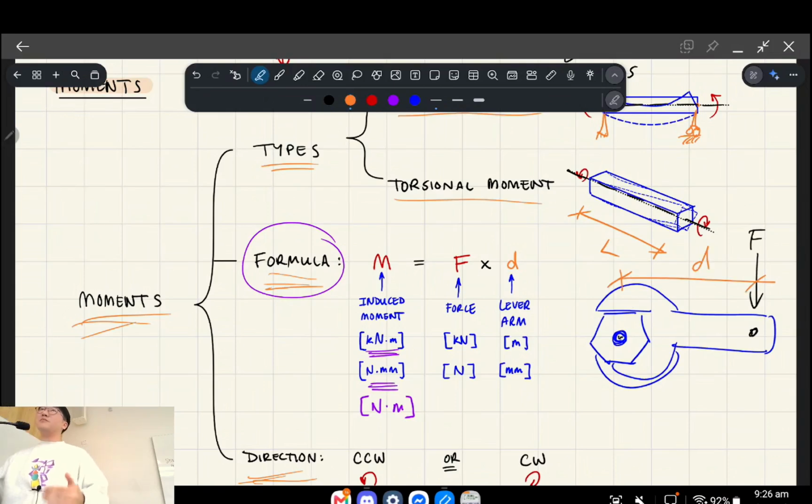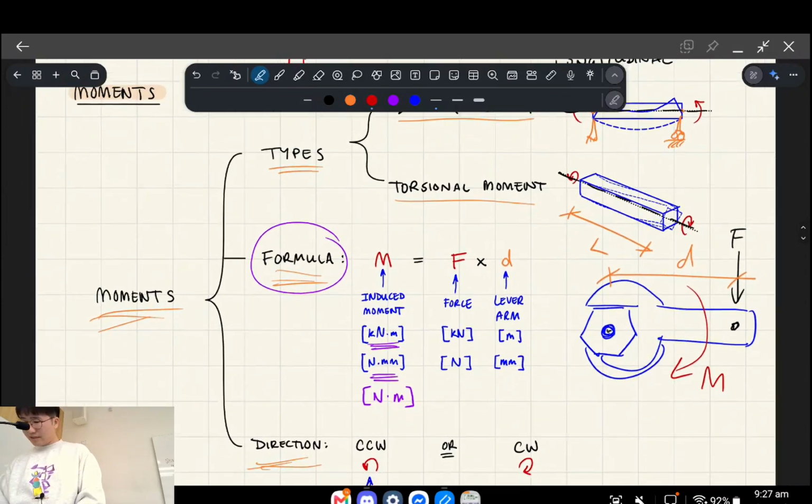Okay, so the lever arm is a perpendicular distance from that force to our point of rotation. And that has an induced moment, like this. And specifically, that's a torsional moment in this case, so torque. So it's twisting about that axis. Does that kind of make sense?